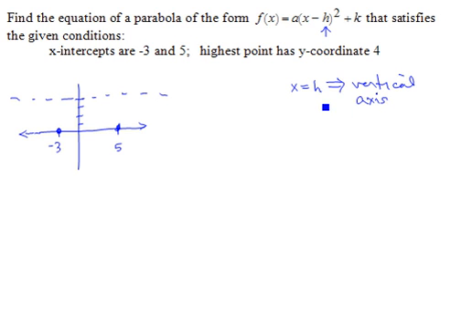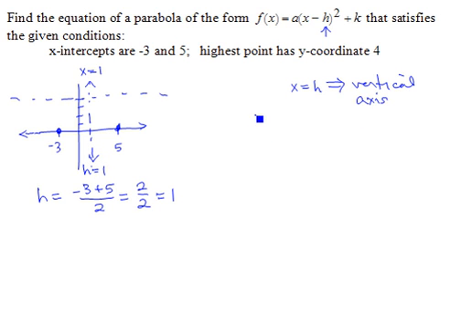So our vertical axis is x equals h, and that should be directly in between negative 3 and 5. So h can be found by averaging those two. Negative 3 plus 5 divided by 2 is 2 over 2, that's just 1, and h equals 1. If you write x equals 1, that's the equation of the vertical axis of symmetry.